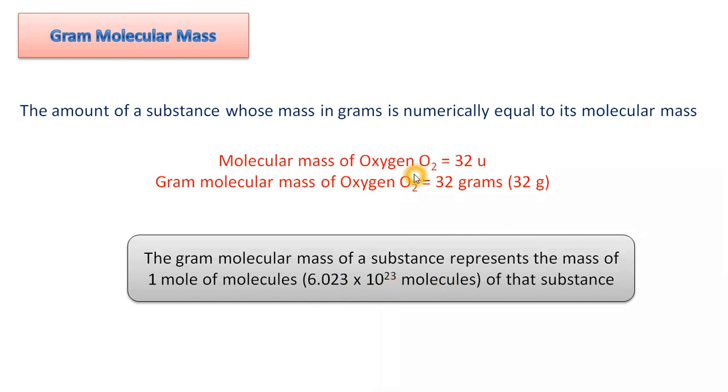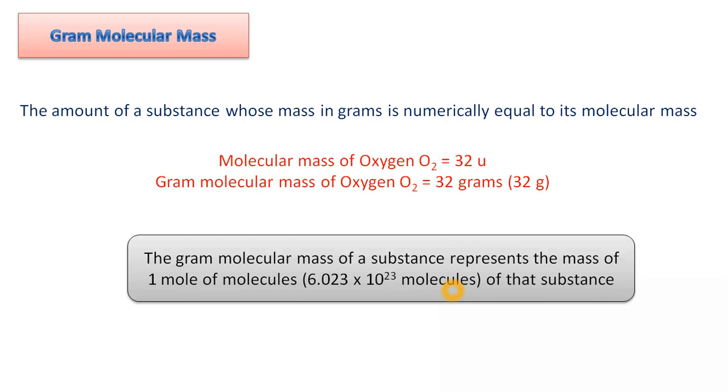So if we have oxygen, the gram molecular mass of oxygen is 32 grams, and this 32 grams represents 1 mole of oxygen molecules. And 1 mole of oxygen molecules contains how many molecules? 6.023 into 10 raised to the power 23 molecules.